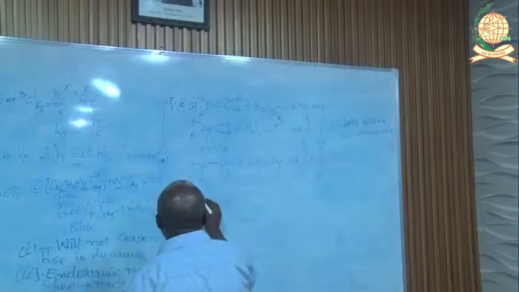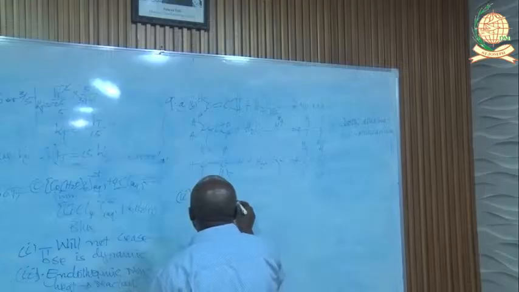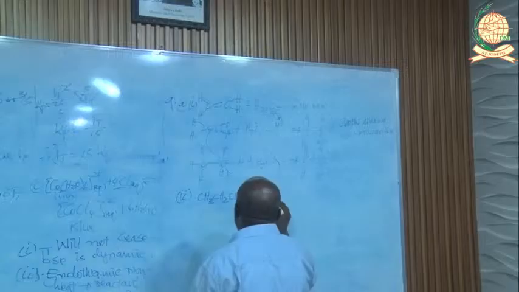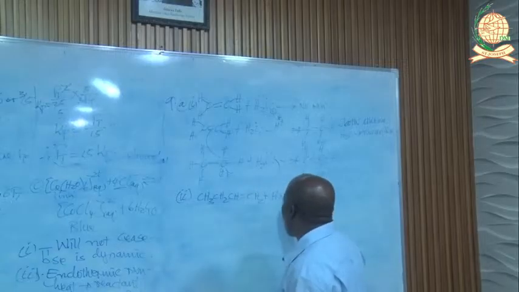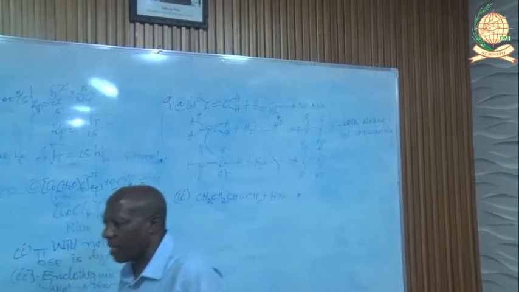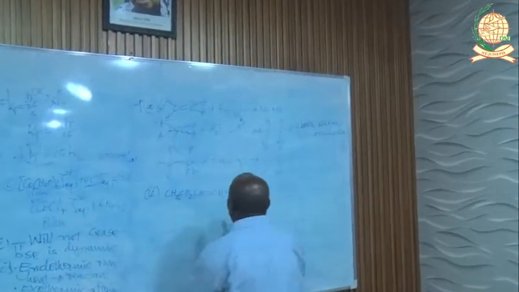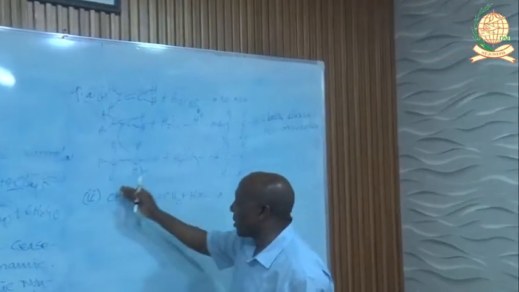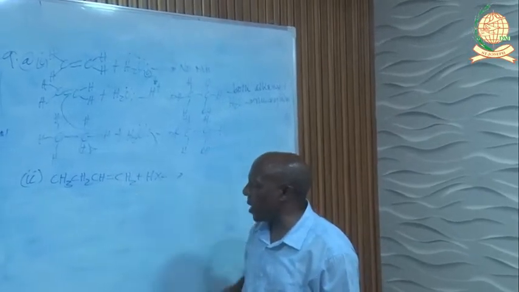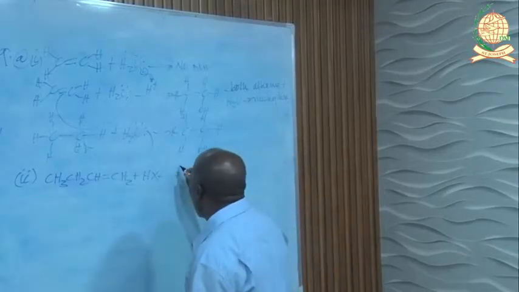That if you take but-1-ene plus hydrogen halide. Now, because this is a terminal and asymmetrical alkene, normally it gives 2 products, because here there are 2 alternatives, according to Markovnikov and anti-Markovnikov reactions, so 2 products will be formed.